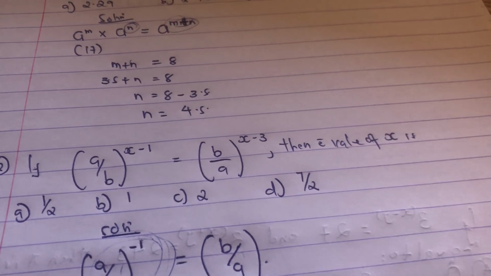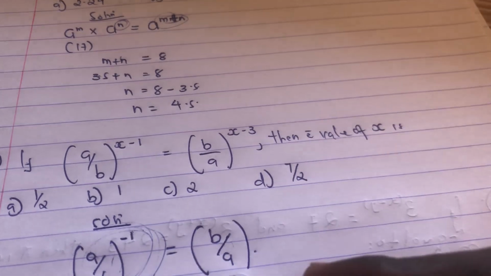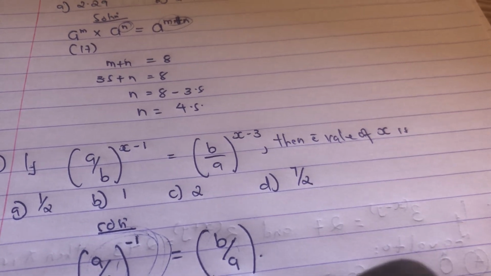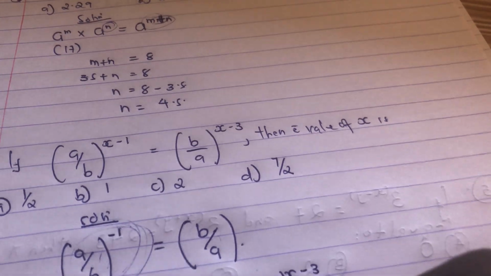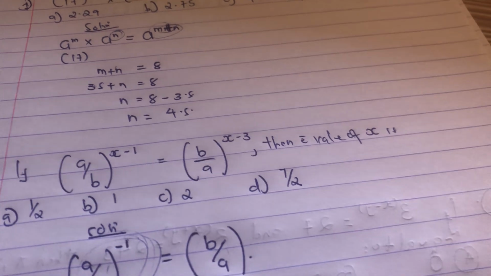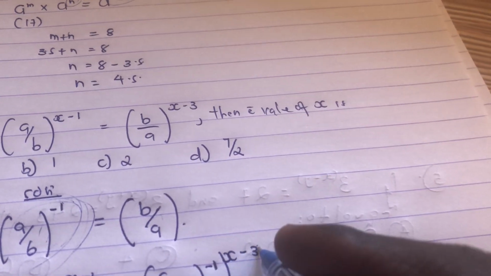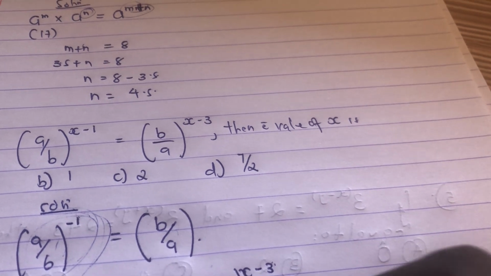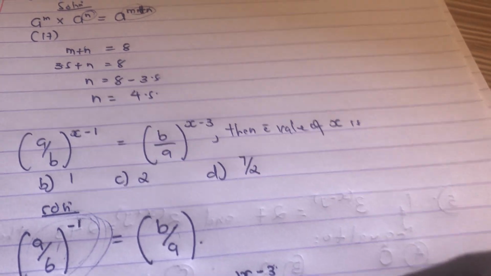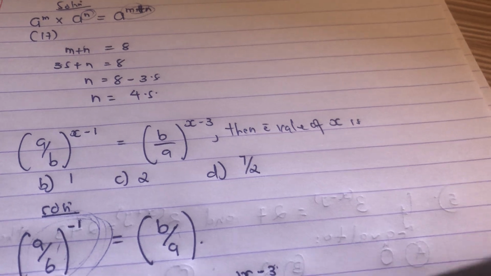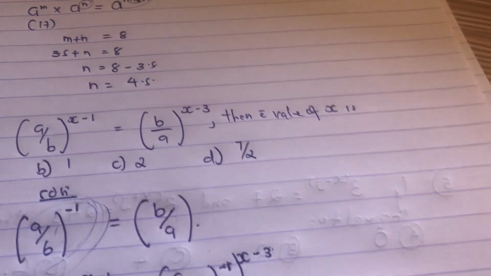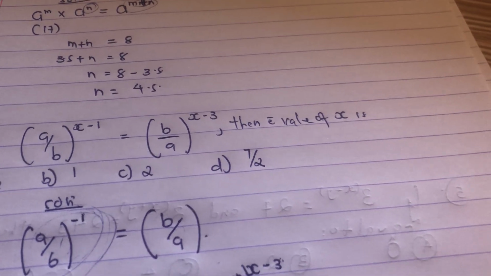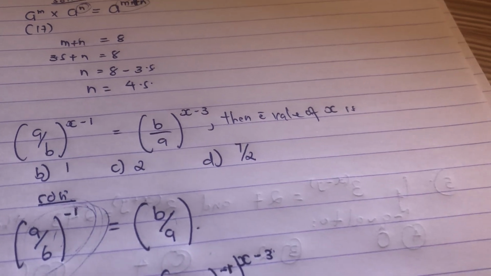So it becomes (a over b) to the power x minus 1 equals a over b to the power, when this negative 1 multiplies x it is negative x, and negative 1 times negative 3 is plus 3. So this one and this one will cancel, remaining with x minus 1 equals negative x plus 3.